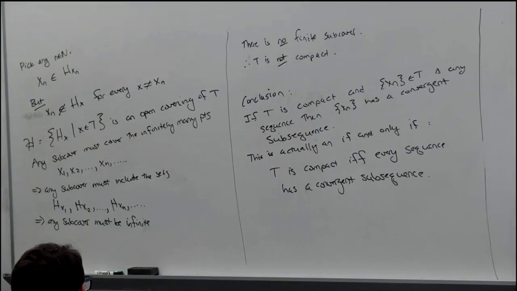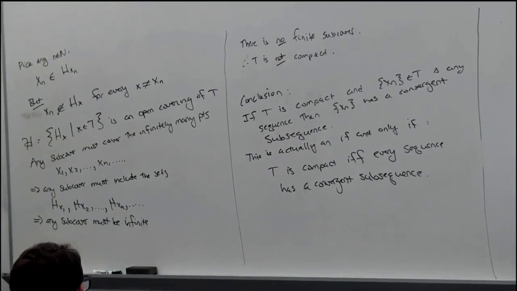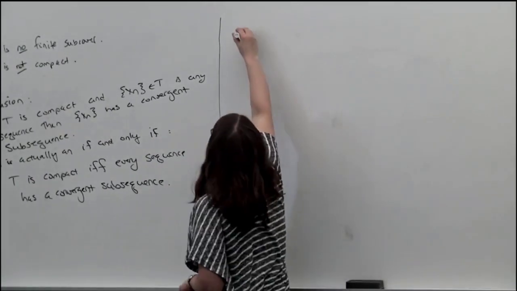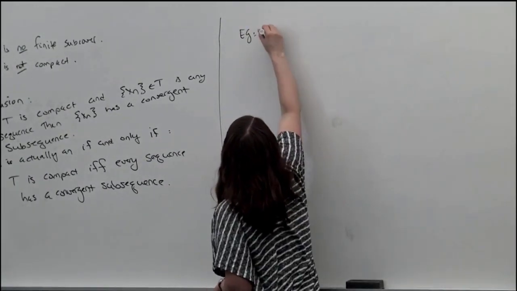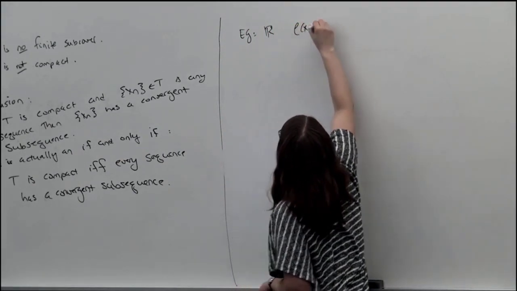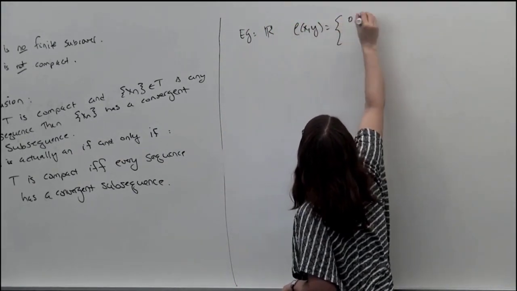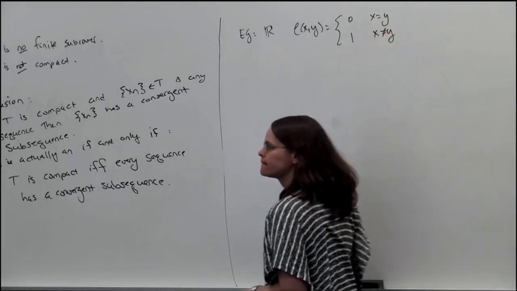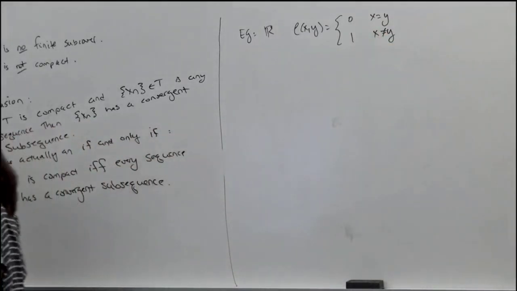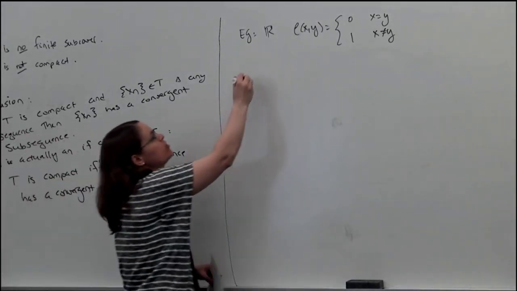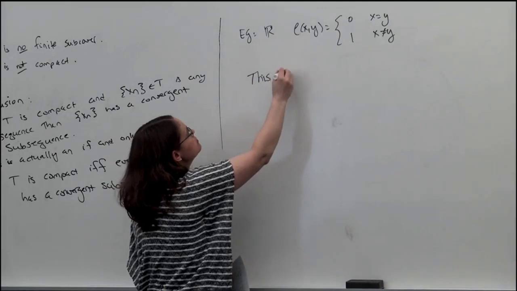Okay, so maybe to jump more to your question, what if I have a bunch of things that are close together? So let's go back to this example under the discrete metric. We already saw this is closed and bounded.